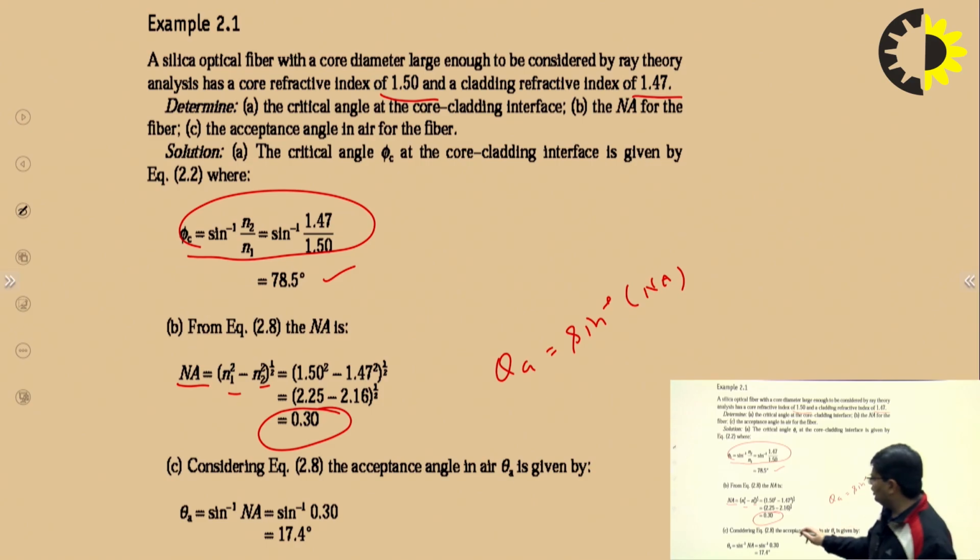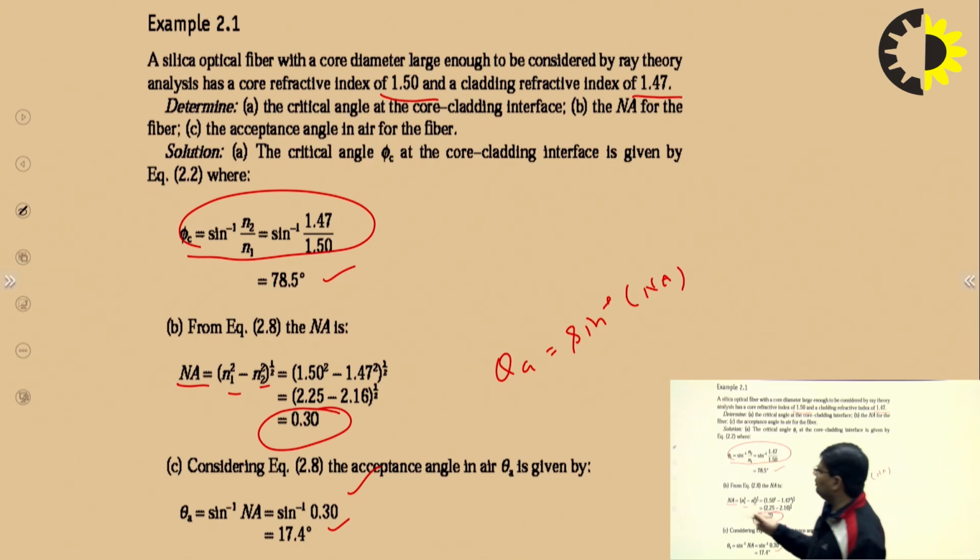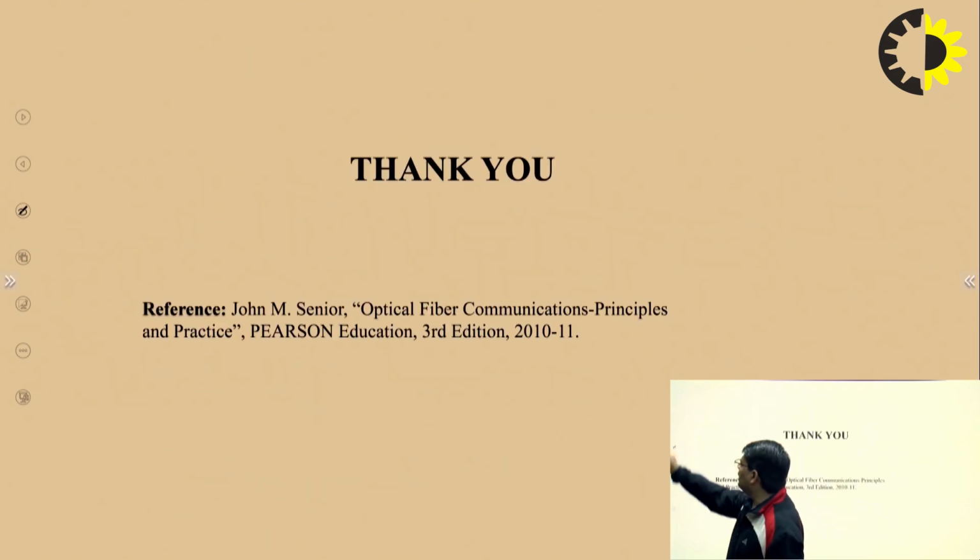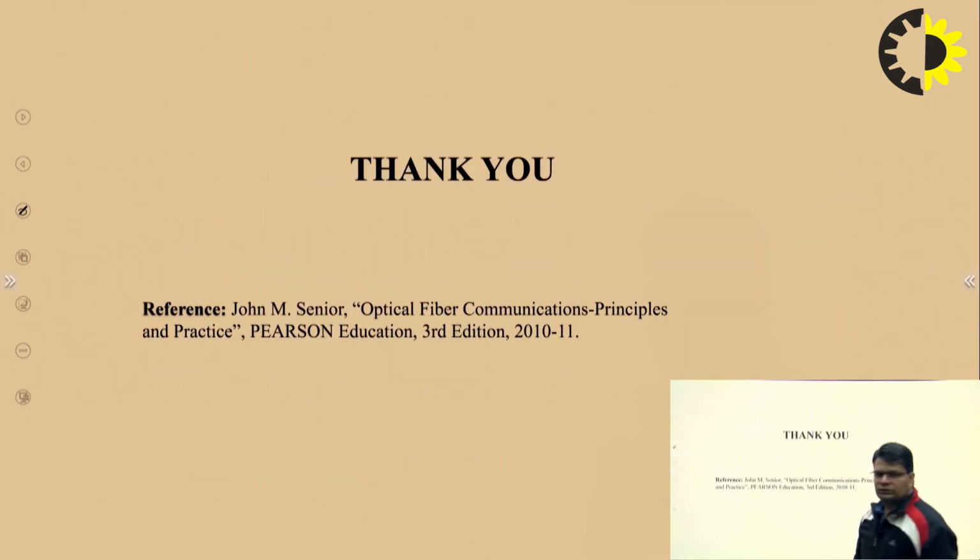Numerical aperture is already calculated. So putting this in, we have the acceptance angle as 17.4. So if we are given n1 and n2, the refractive indices of core and cladding, which are generally made up of glass or plastic with a slight difference in refractive index between the two, then other parameters can be easily calculated. So that's all for this lecture.